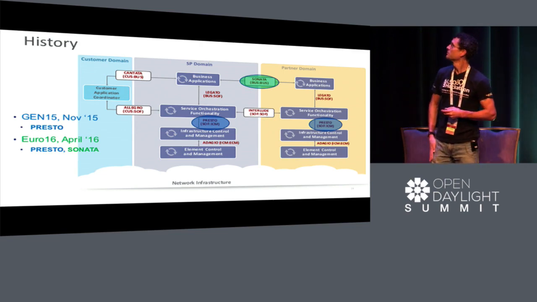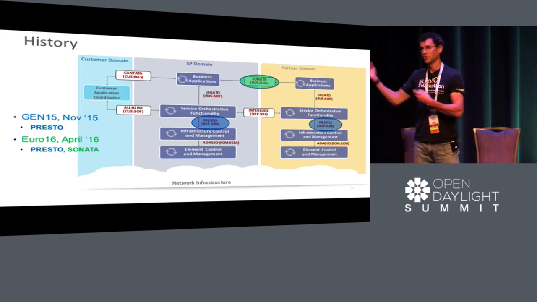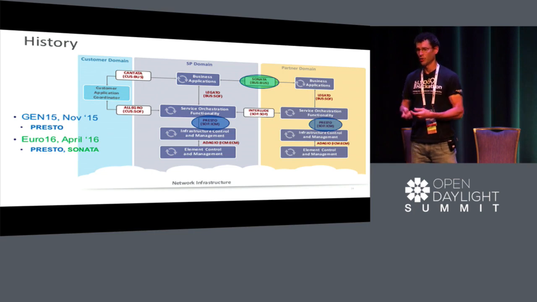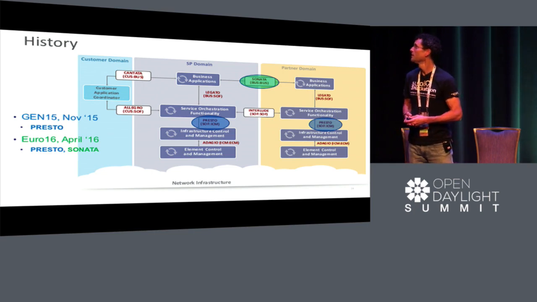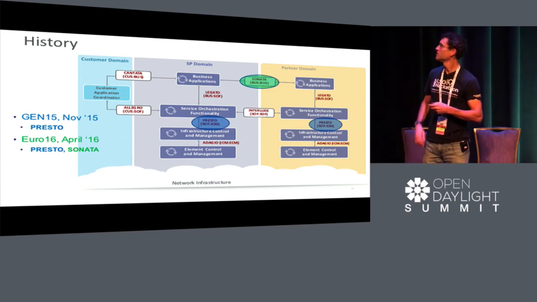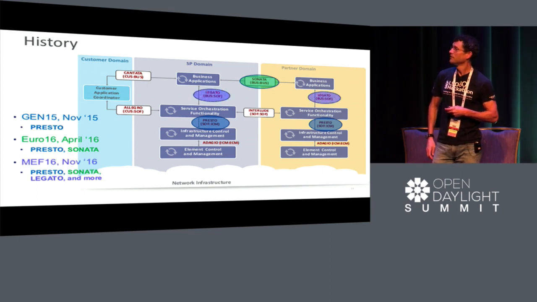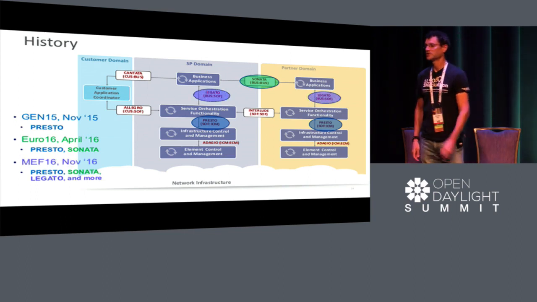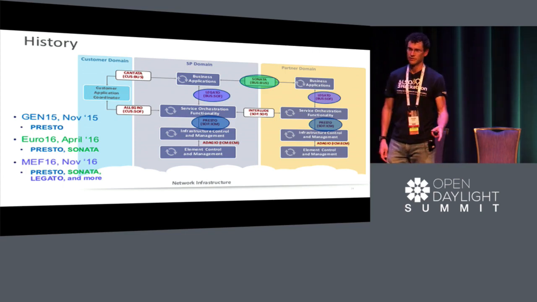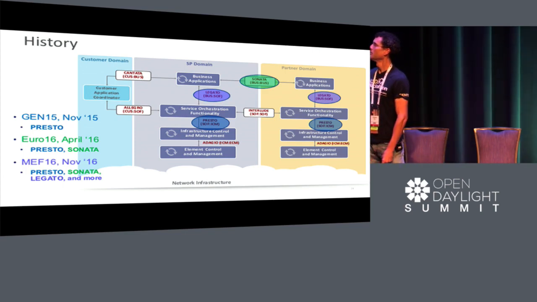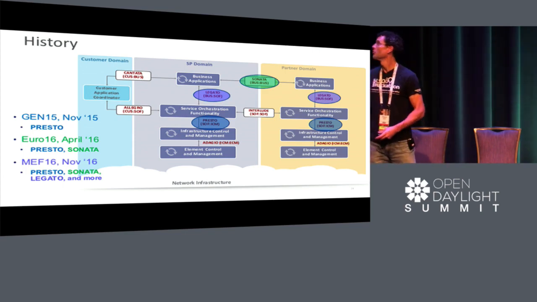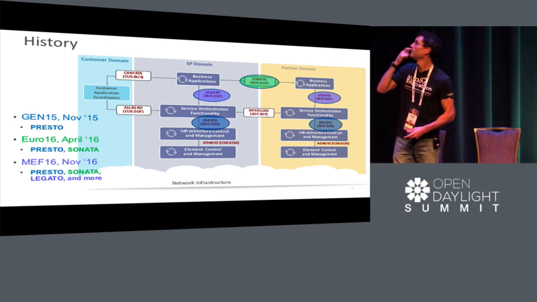So that was something we added into the hackathon to try to bring the service providers in, working with the vendors of the network equipment and also the open source community. Again, this collaboration is a huge thing that we're trying to do with the hackathon. And now for this next one coming up at MEF 16, that's November this year, we're expanding the focus even more to cover the Legato interface.